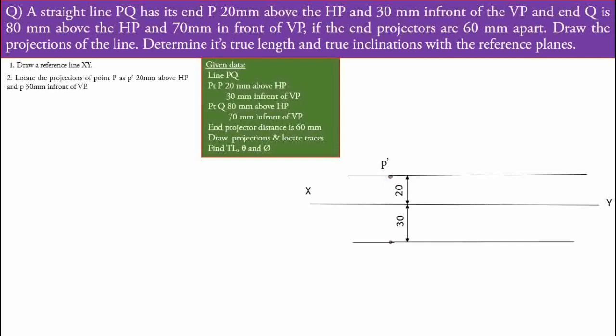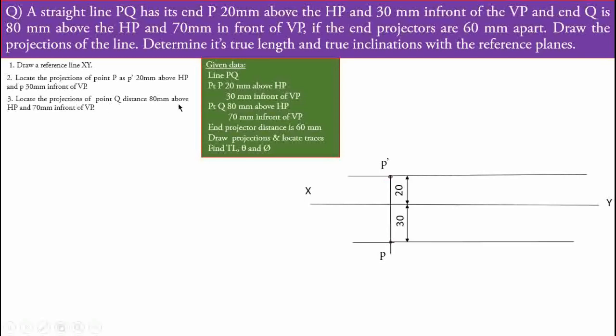Now, after representing the dimensions and the front view as P dash, we have to locate the top view for the point P. For that we draw the vertical projector from the P dash point, and where it intersects the 30 mm dimension line, that is the exact location of the top view of the point P, that is small p.